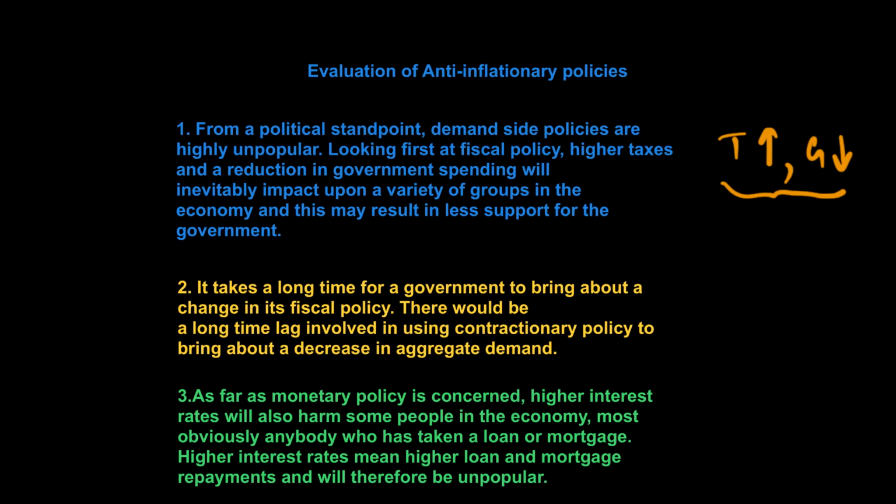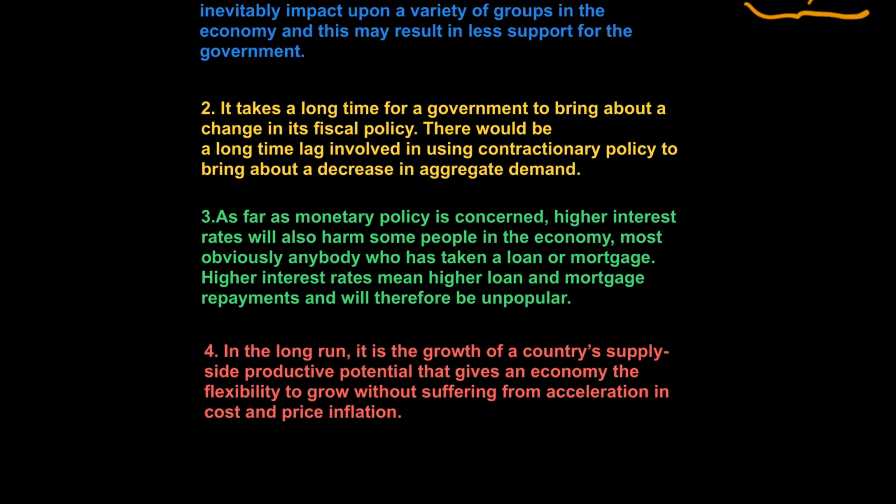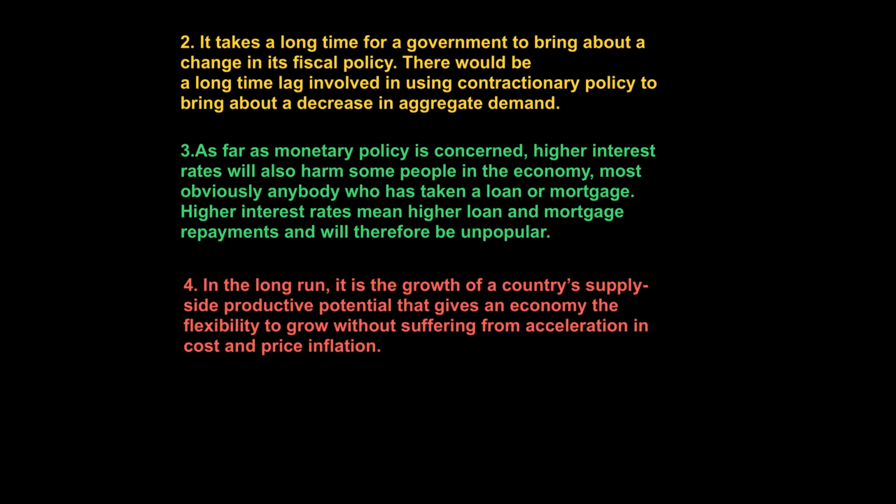Well, in the long run, if you want to go about fixing inflation in the economy, we need to use what we call supply side policies, which provide flexibility to the economy without suffering from acceleration in cost and price inflation. The fact that there are no trade-offs with supply side policies makes it the best policy.